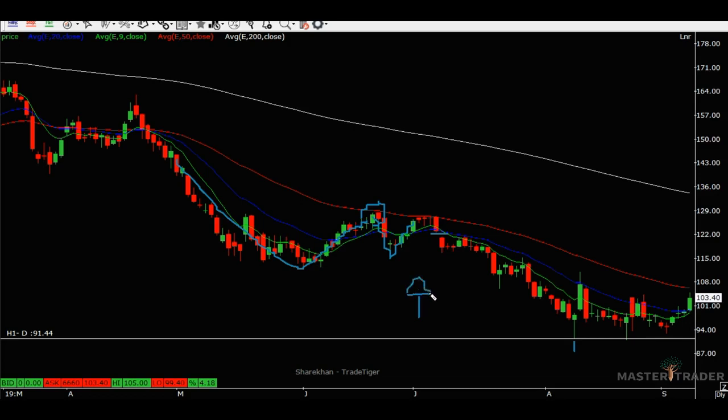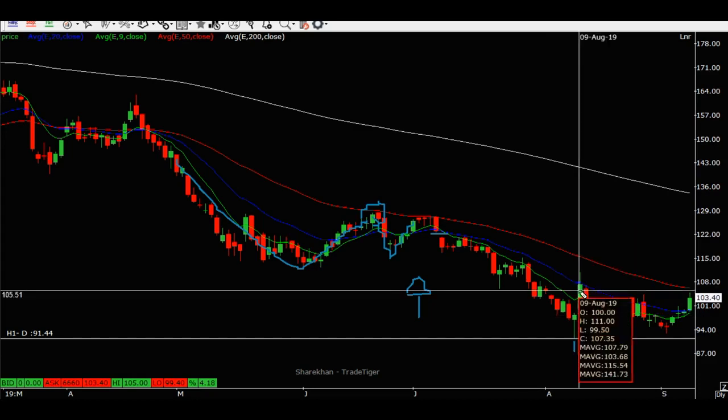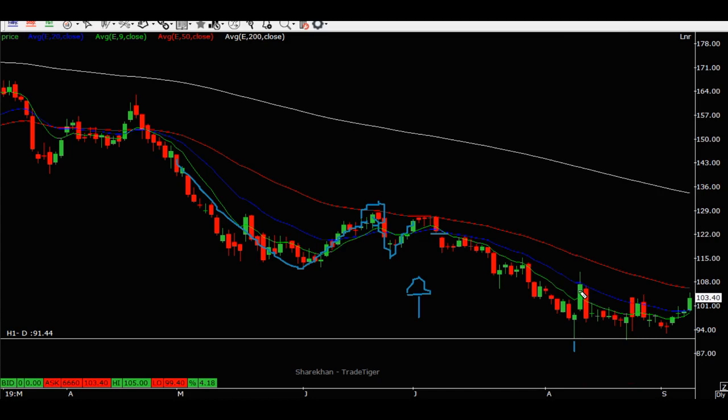Right, on the hammer, so it is pointing upwards, and see the next day. Right? See the next day. We can see from 98, it made a high of 111. Okay, so about 13 points on a 100 rupee stock. That's more than 10% in one day, guys.